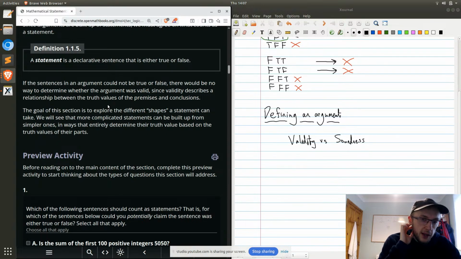The goal of this section is to explore the different shapes a statement can take. We will see that more complicated statements can be built up from simpler ones in ways that entirely determine their truth value based on the truth value of their parts.